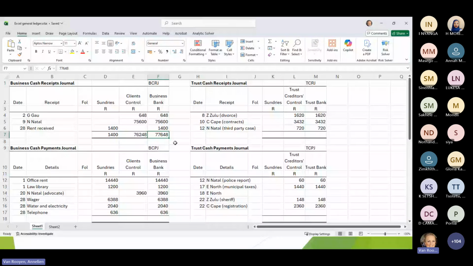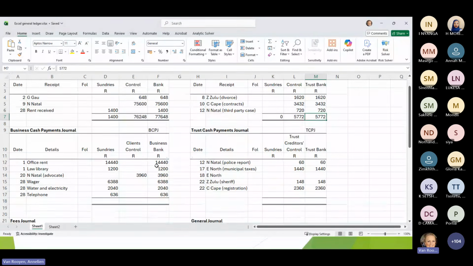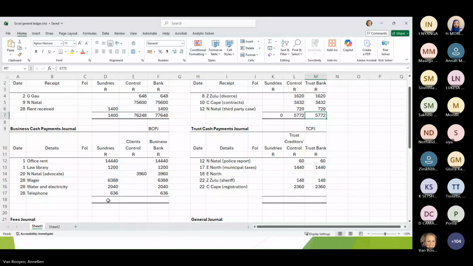If we add this up, what do we get? 5,772. Again, check. This plus this must equal that one. Same with the cash payments. 24,704, 3,960.